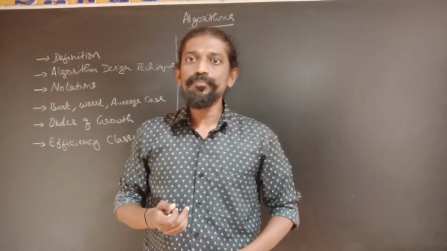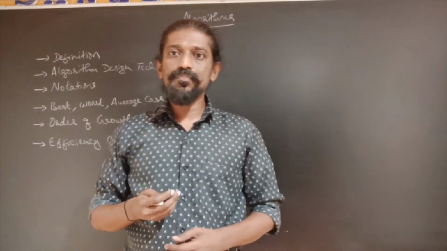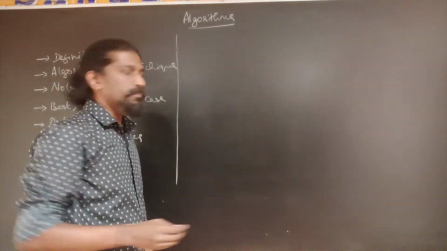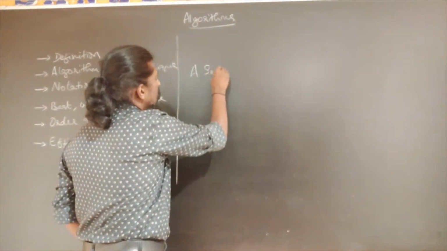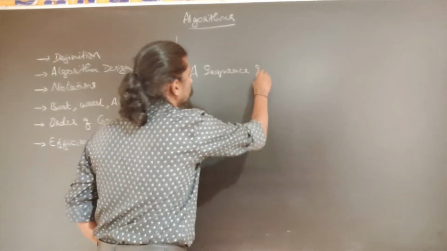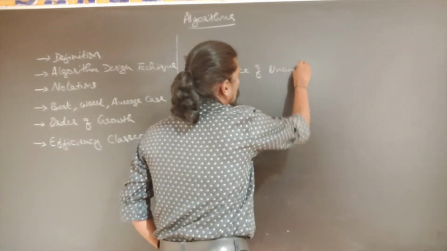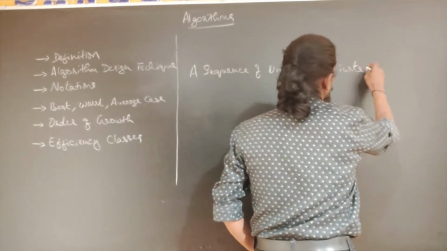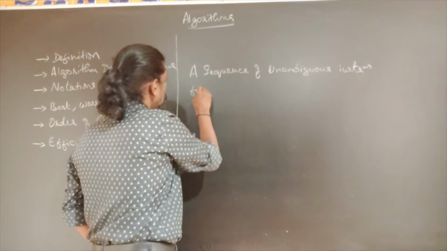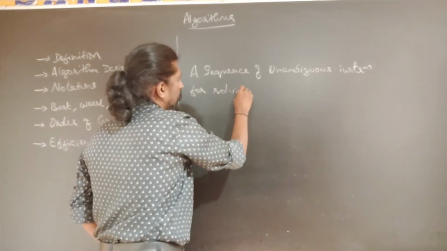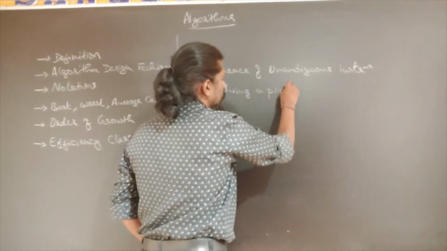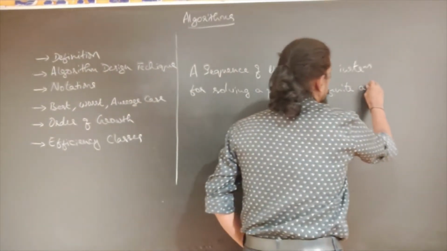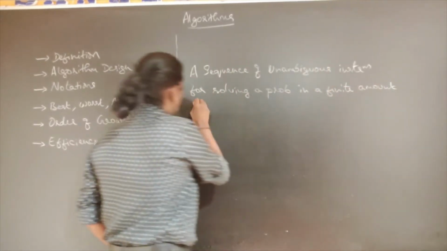The word algorithm is derived from a Persian mathematician Muhammad ibn Musa al-Khwarizmi. Algorithm is basically a sequence of unambiguous instructions for solving a problem in a finite amount of time.